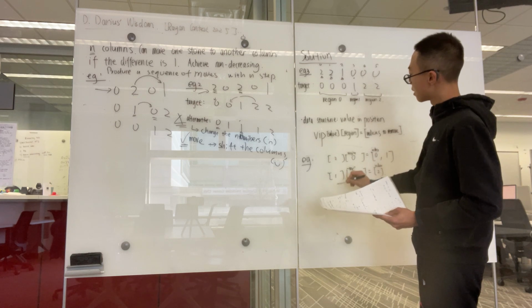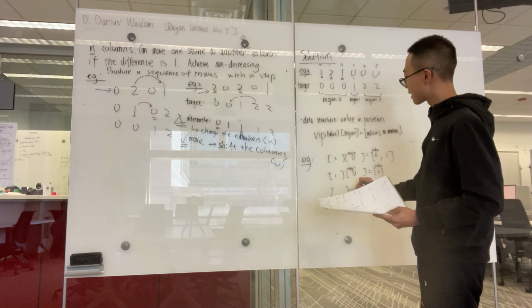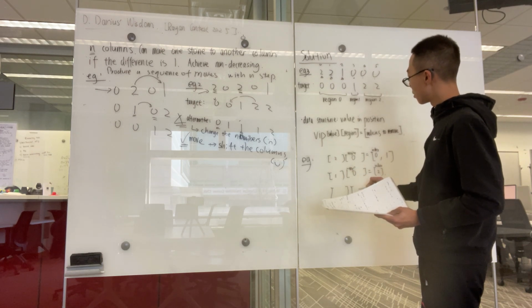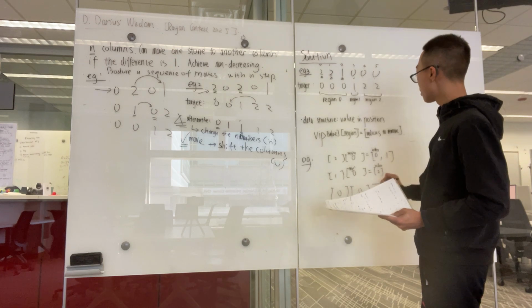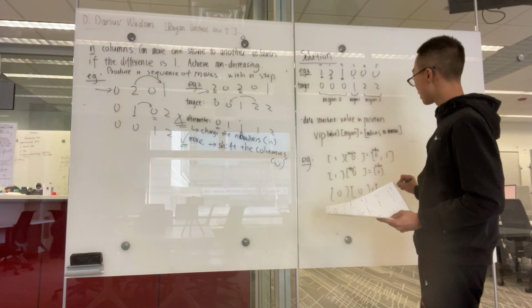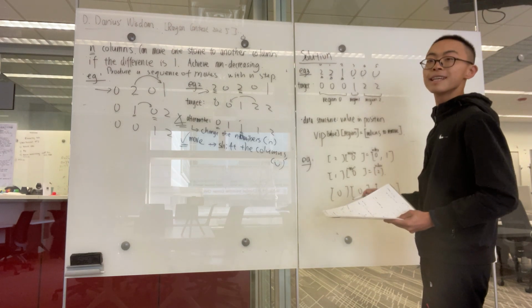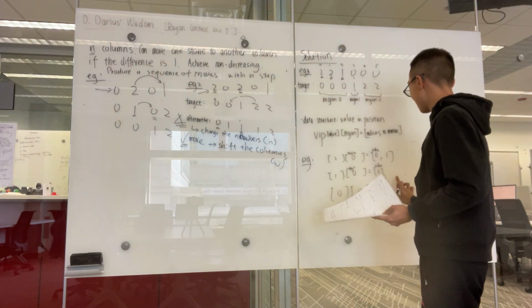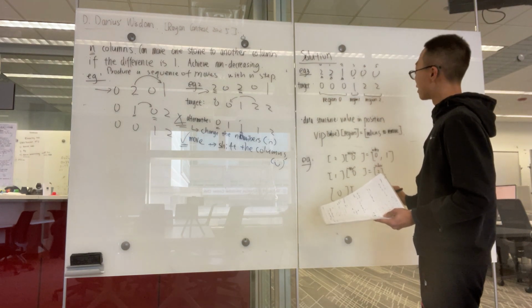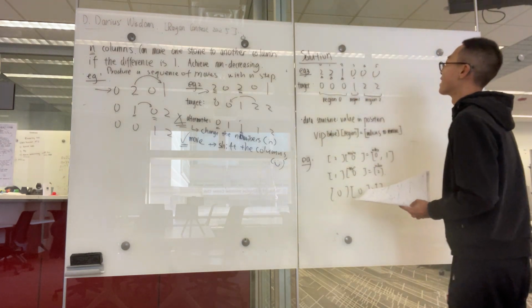And now, can you guess for region 0, the value of 0, what are the indices we need to remove? It's just empty, right? Because we don't have nothing to remove in the region 0.